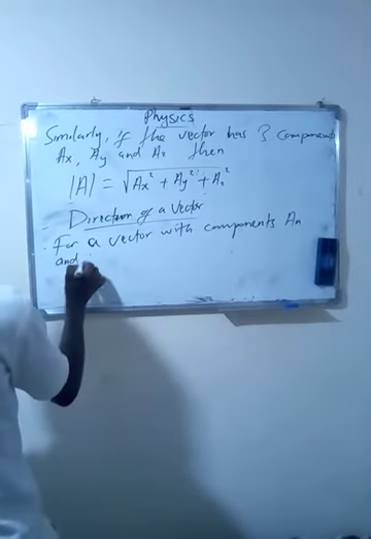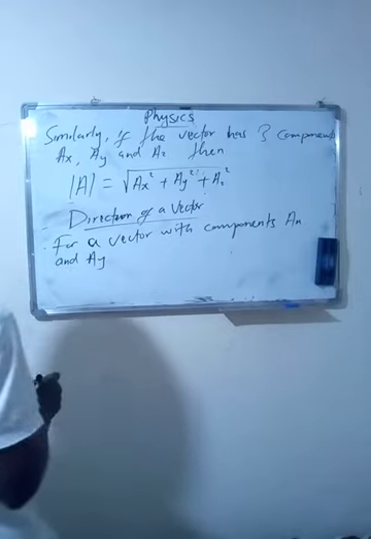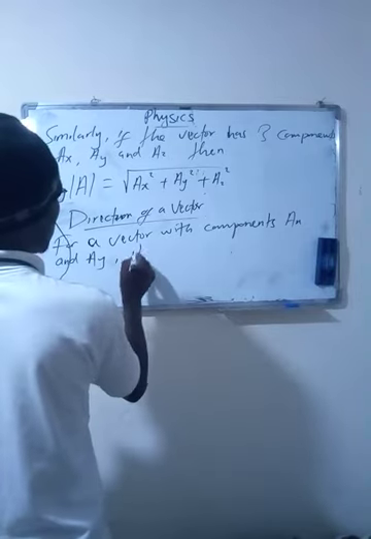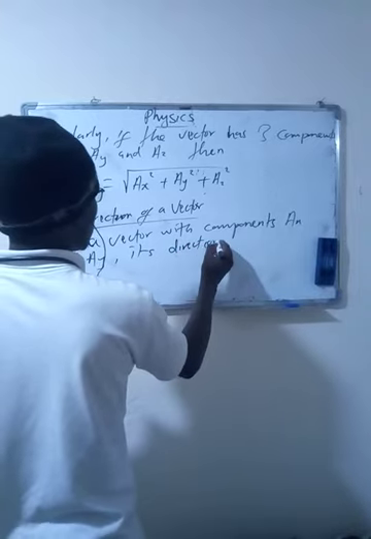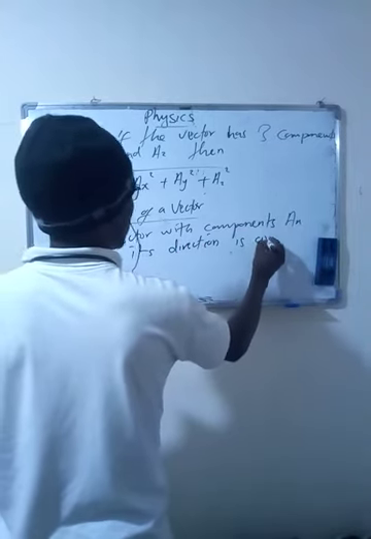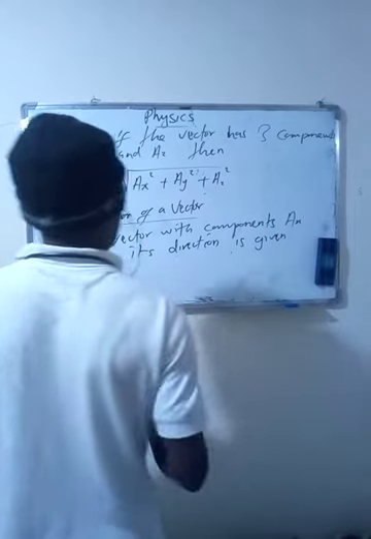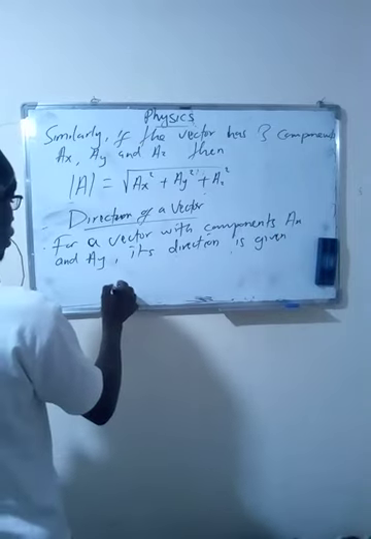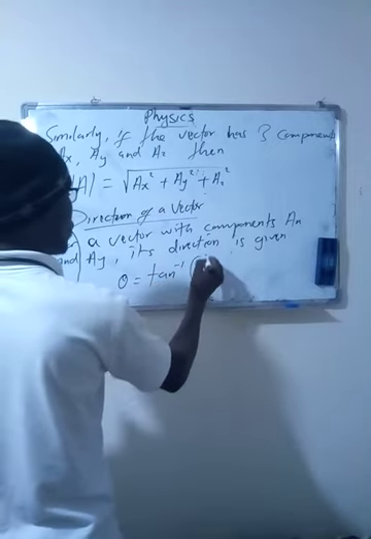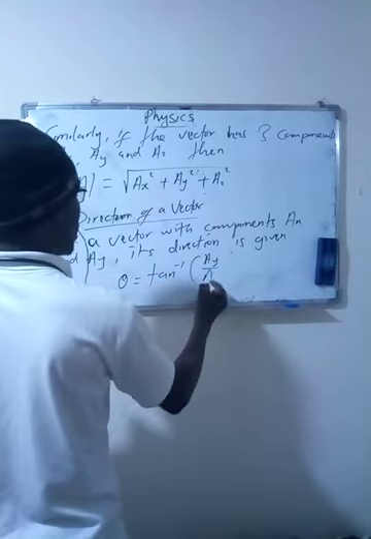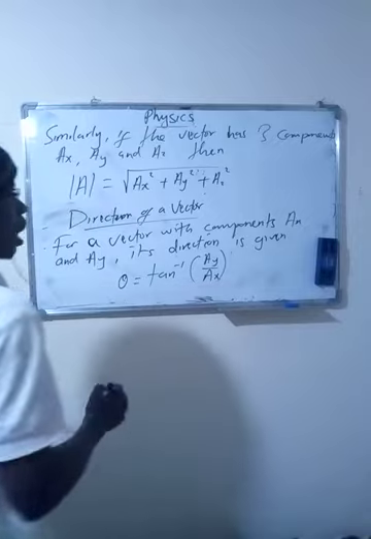Its direction is given by theta equal to tan inverse of AY divided by AX. Now, how have I come up with that? Let's look at this. So remember the triangle we had? It was like this. So this was A, and then we had AY here and AX right there.